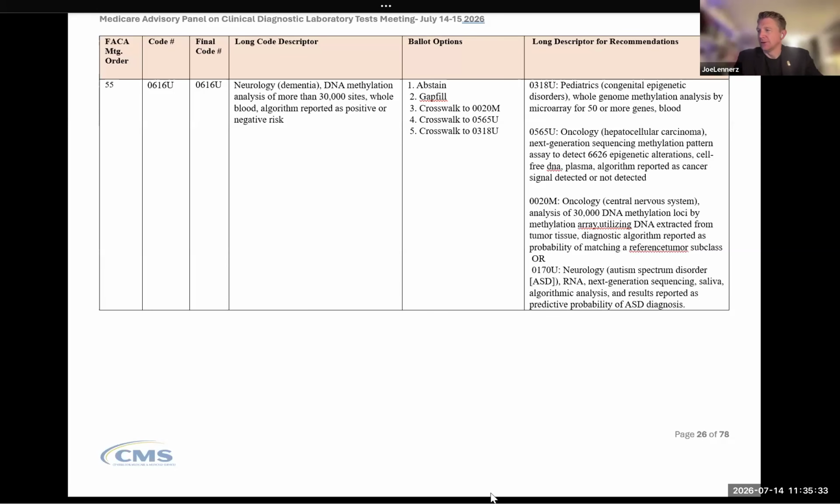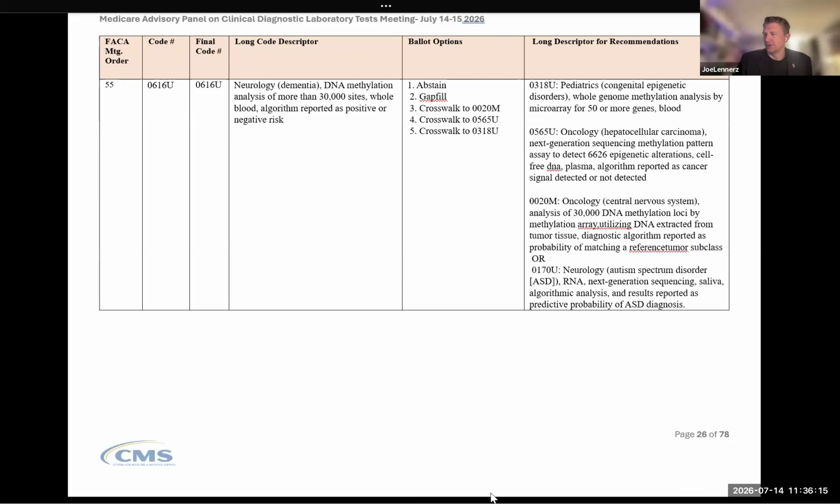Yeah, this is a set of over 10 codes. In this case, methylation profiling for the use case for all these is a different number of genes, all DNA methylation analysis, all from whole blood, all with an algorithm reported as positive or negative for risk. So this is not a score, that's somewhat important. Briefly, the subcommittee has discussed a total of 5 different potential crosswalks and ultimately recommends a crosswalk to 0565U, which is also next generation sequencing based.